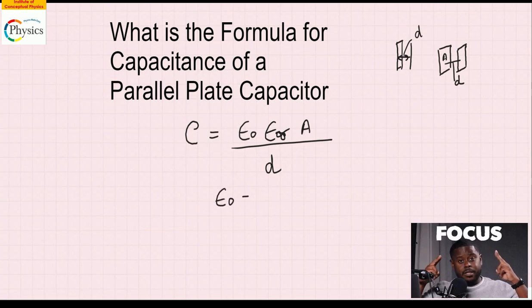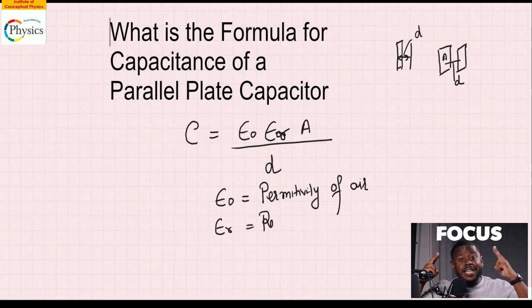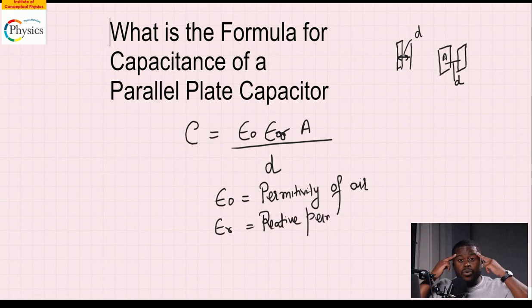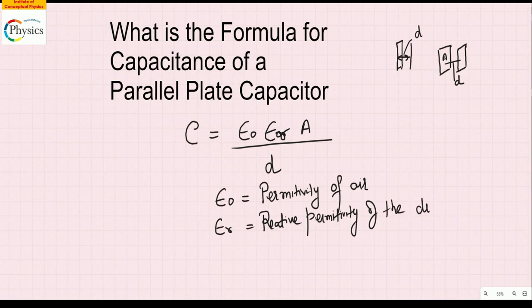Epsilon naught is the permittivity of air. Epsilon R is the relative permittivity of the dielectric medium, which is like mica, paper, which is introduced.